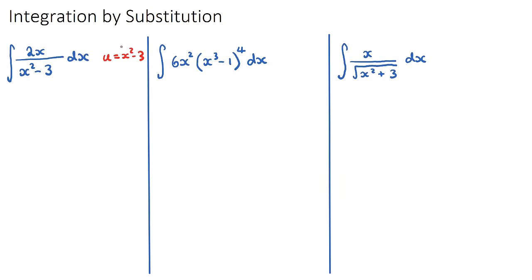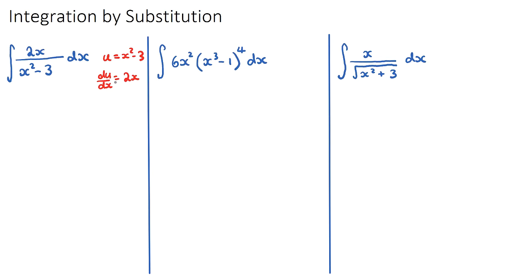Now that's probably the first step and probably the hardest step in this process. Once you've identified that, the rest of the question isn't too bad. Next, we need to take u and find the derivative. And we want to write it as du dx. We're going to derive this u in terms of x, which will be 2x. And then from this step, there's actually a few ways you can do integration by substitution.